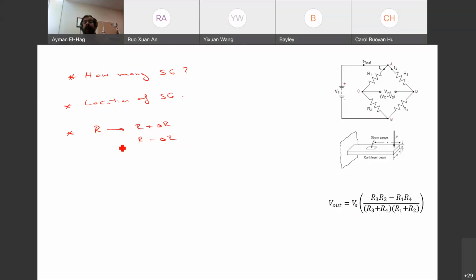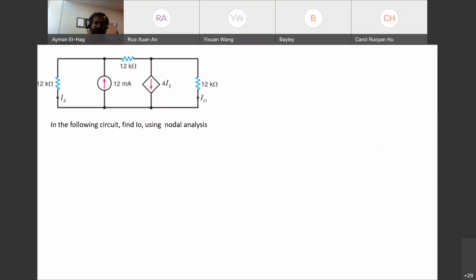Now, will R1 be increasing by a delta R or reduced by a delta R? That's all you need to do based on the force. When R1 over R2 equals R3 over R4, then your Wheatstone bridge is balanced and your voltage is equal to zero. That's all you need to know about this question.